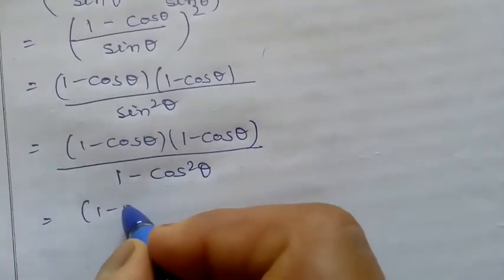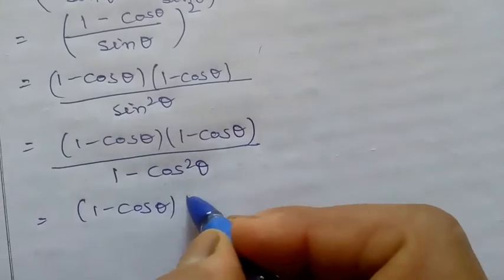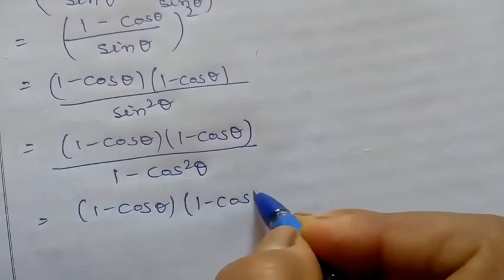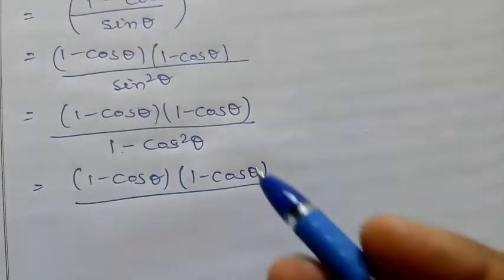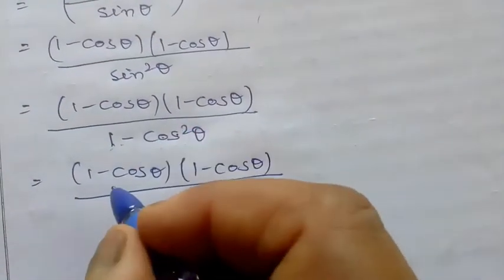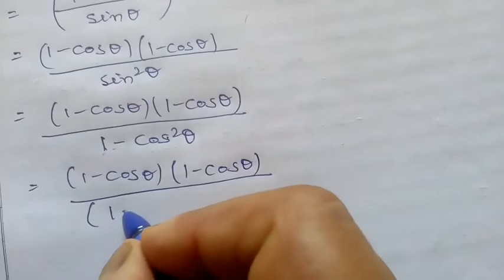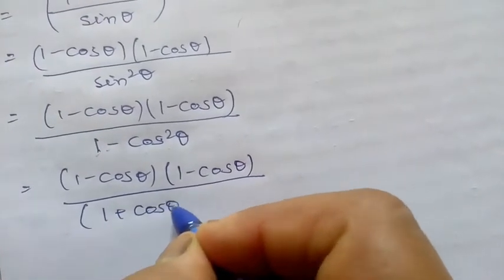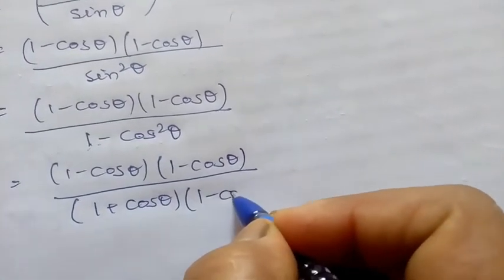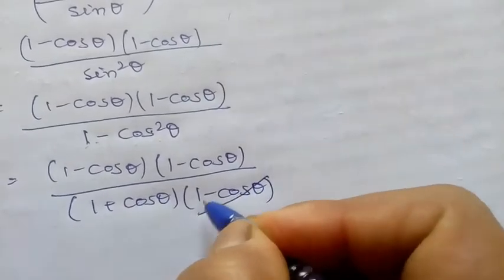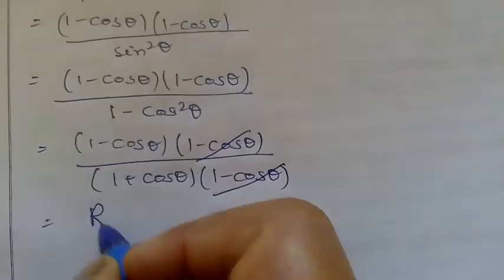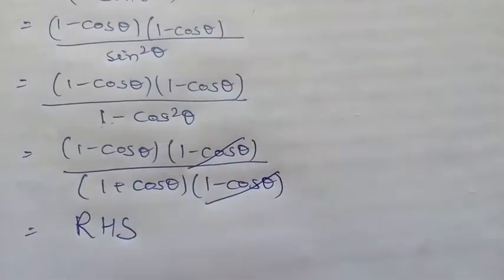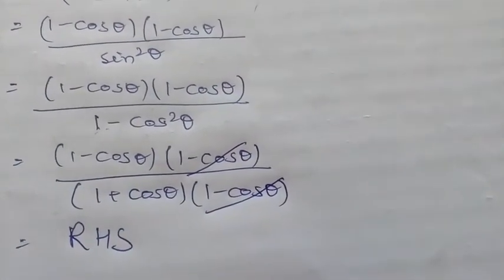The numerator remains the same, and 1 minus cos square theta means a square minus b square. A square minus b square is (a plus b) and (a minus b). Cancel these two. 1 minus cos theta upon 1 plus cos theta is the RHS. Hence proved.